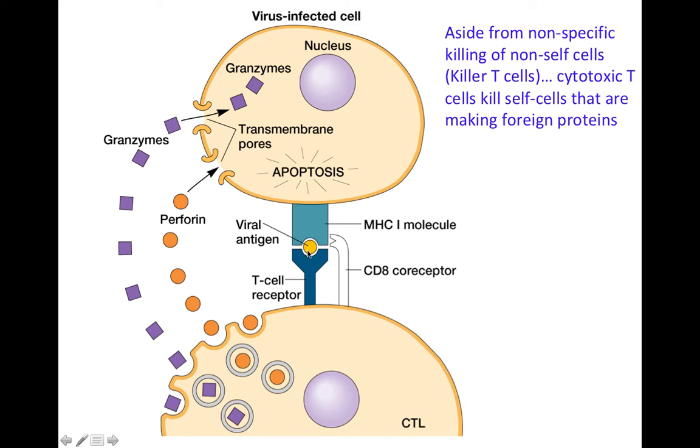This has to interact in a lock and key mechanism. So if this viral peptide, 9 amino acid peptide, is the one recognized by the CD8 T cell receptor plus the CD8 co-receptor, then it will recognize it, and that will lead to the production of perforin and then granzyme to kill this virally infected cell.